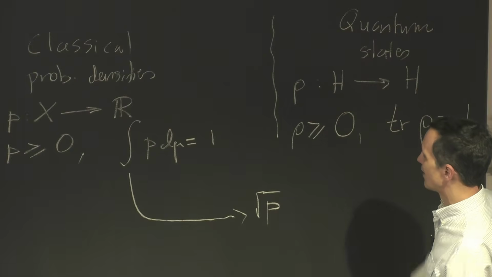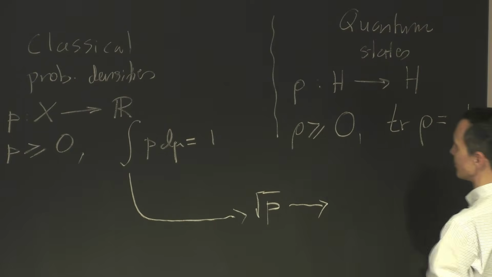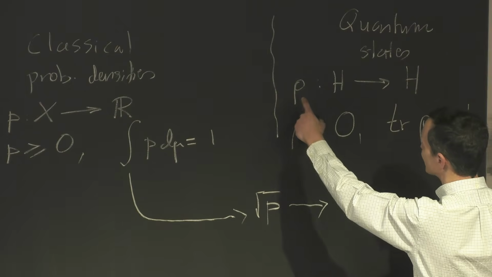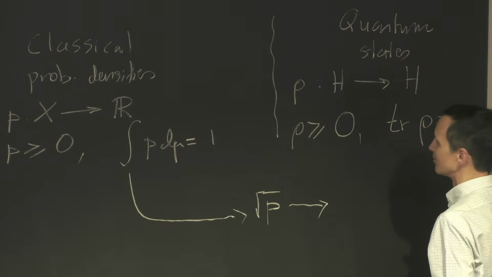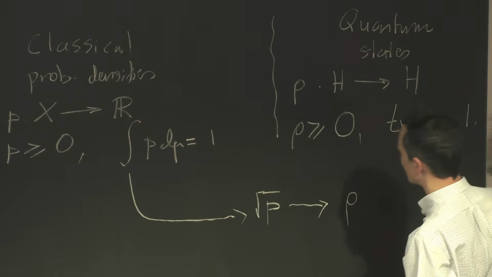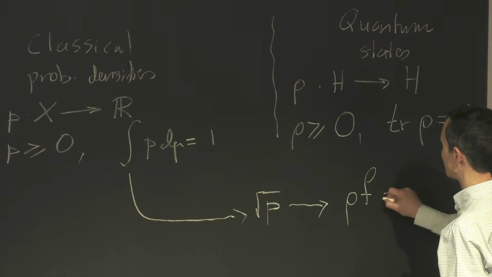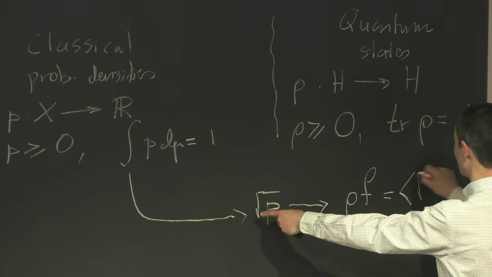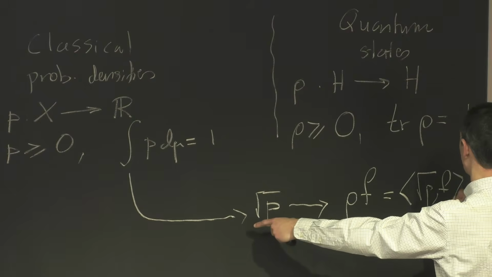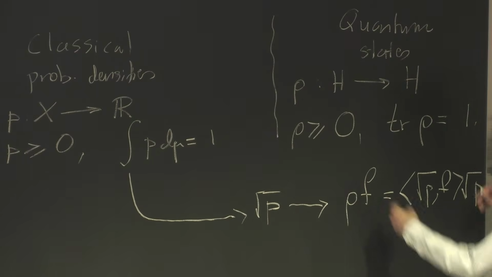And you can build a density operator, which is effectively a projection operator in this setup that projects along this unit vector. So this rho here, you can describe how it acts on the Hilbert space. It takes the projection of a vector in the Hilbert space along the square root of the density. So think of it as a projection matrix.